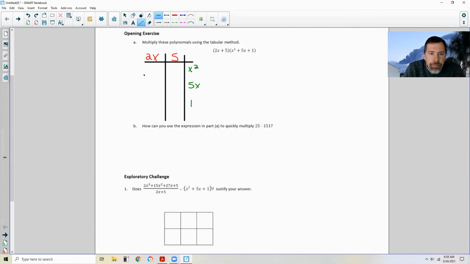All righty. I'm just setting up my table here. This is why I'm not a fan of this process. At this point, it just seems a little much.